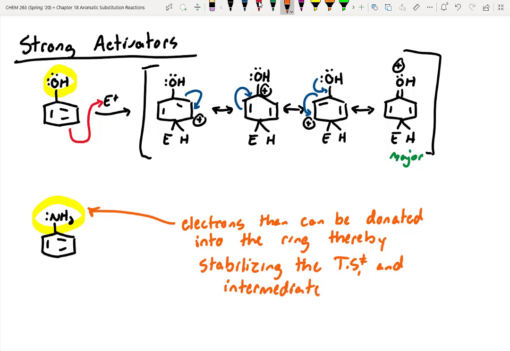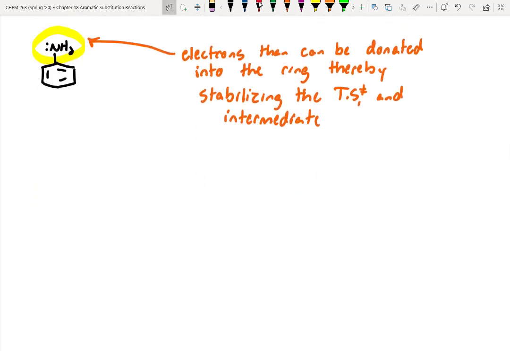All right, so that's kind of a cool example of strong activators, is either having an alcohol or an amine coming off of an aromatic ring. Very stabilizing. All right, now let's take a look at the moderate activators.